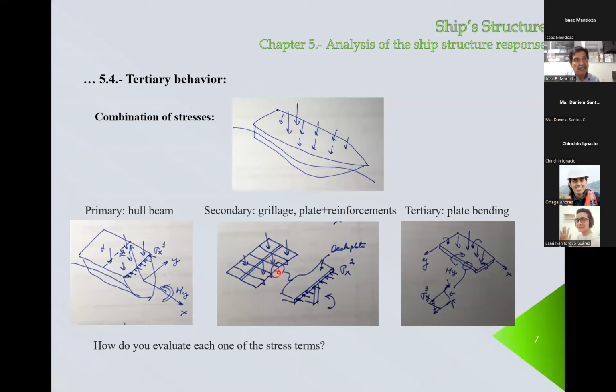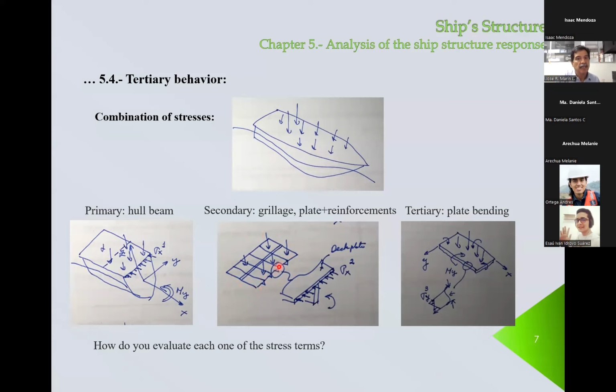To calculate inertia in this case, remember, you have to include what? What do you have to include here to calculate the inertia of the stiffener? Ms. Arechua? Yes, doctor. It's typical of this secondary behavior.